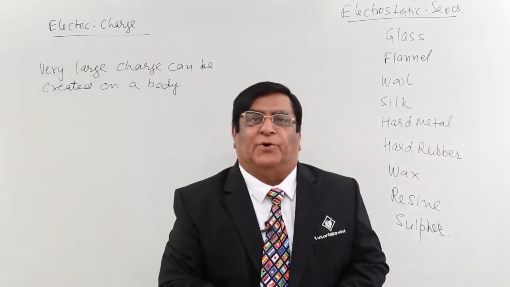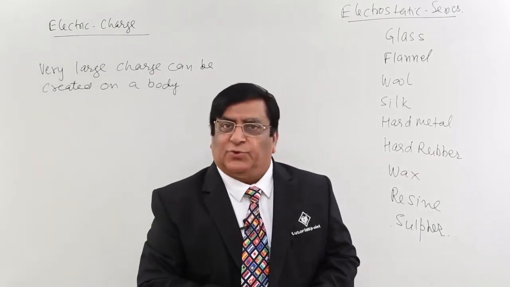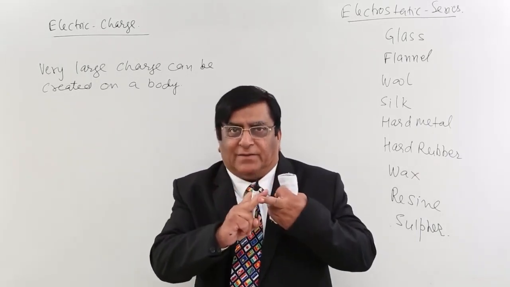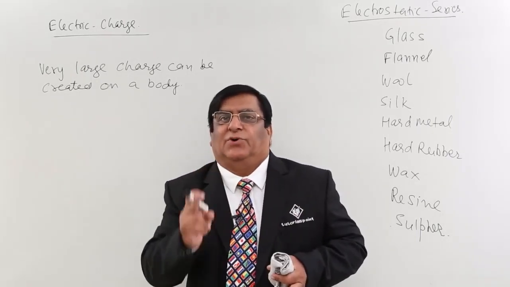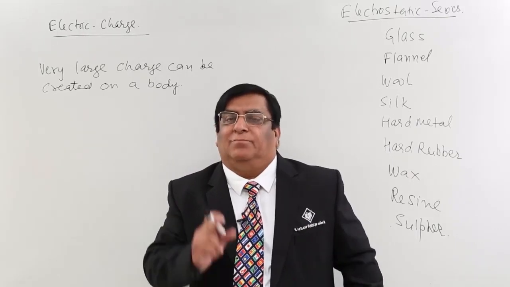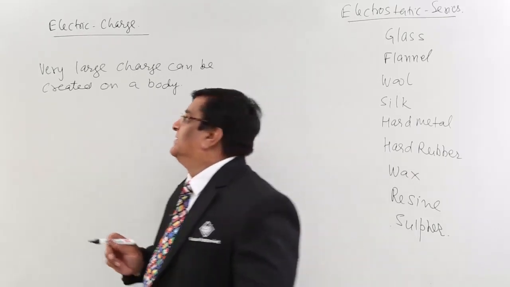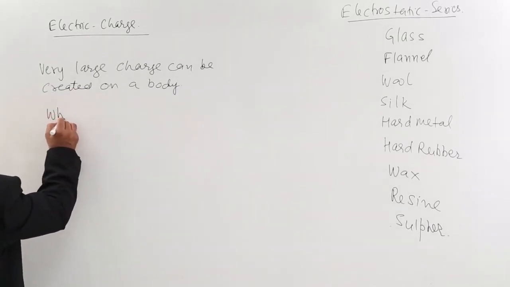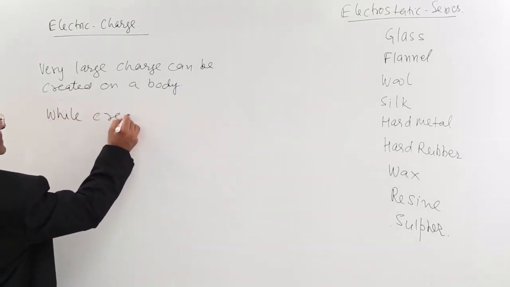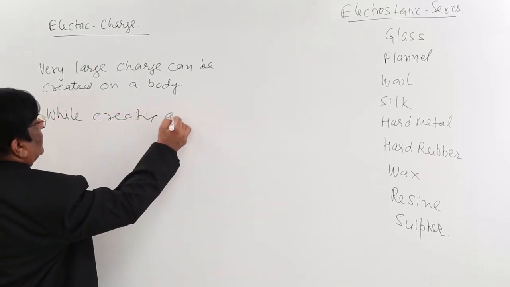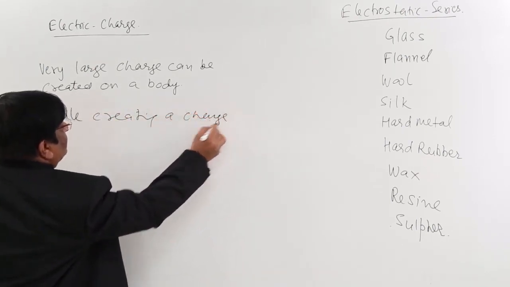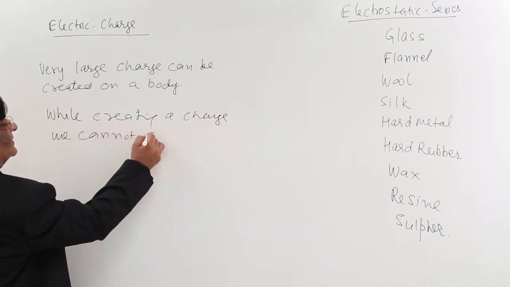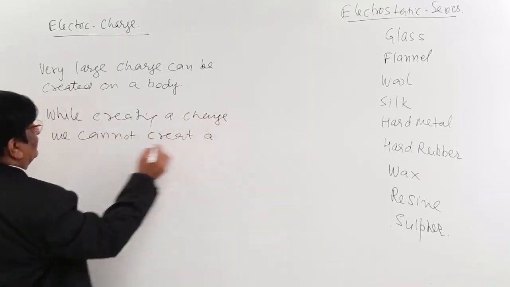The charges are positive and negative, two types. When we develop positive charge or negative charge by rubbing, both the charges are created in equal quantity. So while creating a charge, we cannot create a single charge.